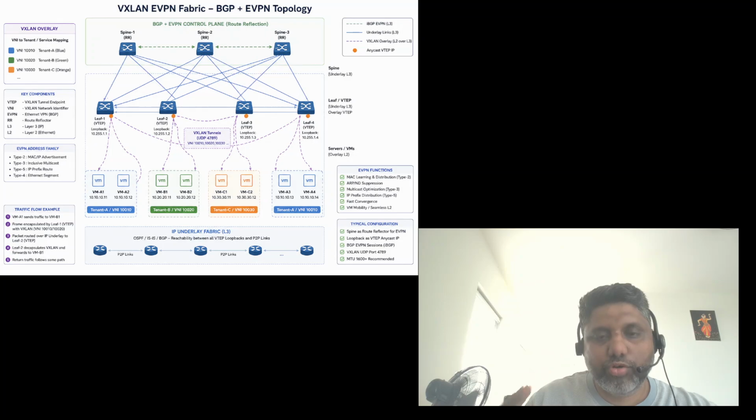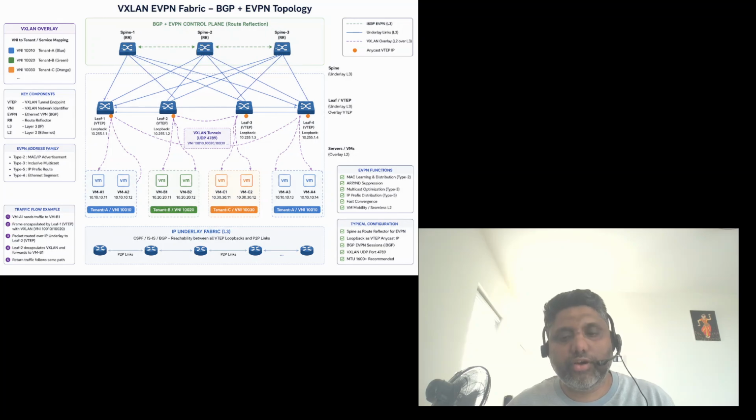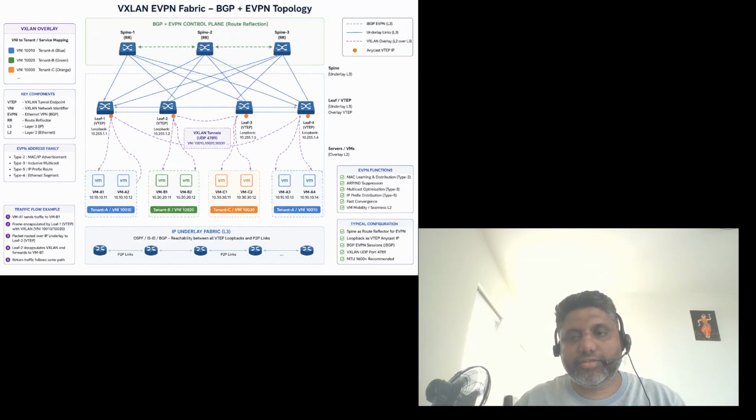VXLAN networks have two components. One is spine and leaf, which is an IP underlay network, and the other is the actual layer 2 network where the actual packet will be initiated or received. Those are called overlay networks, and they are accomplished by using the concepts of VNI, virtual network identifier, and VTEP address, virtual tunnel endpoint address, right?